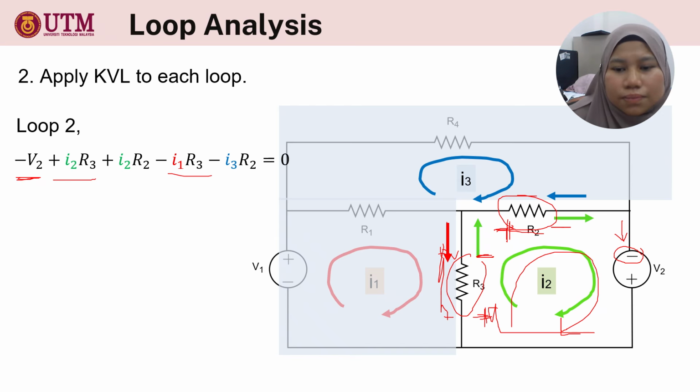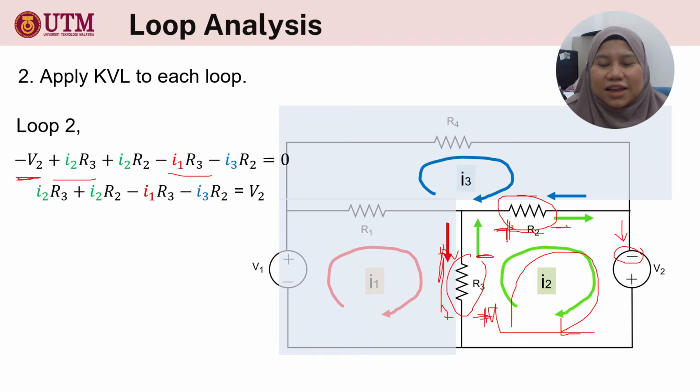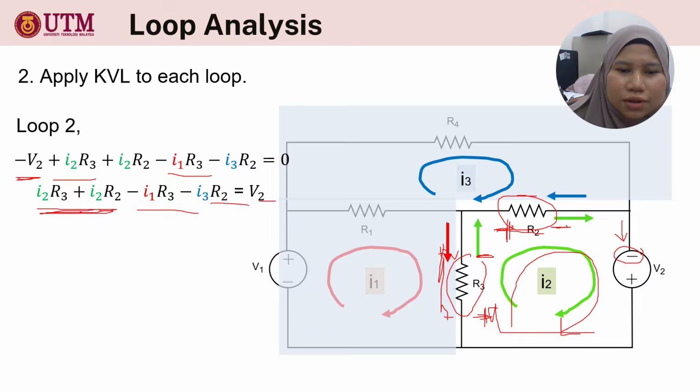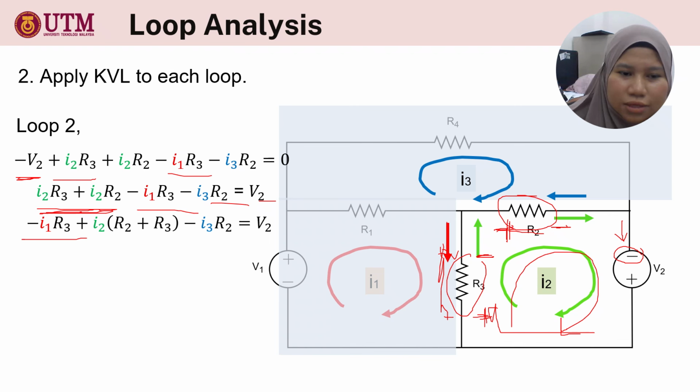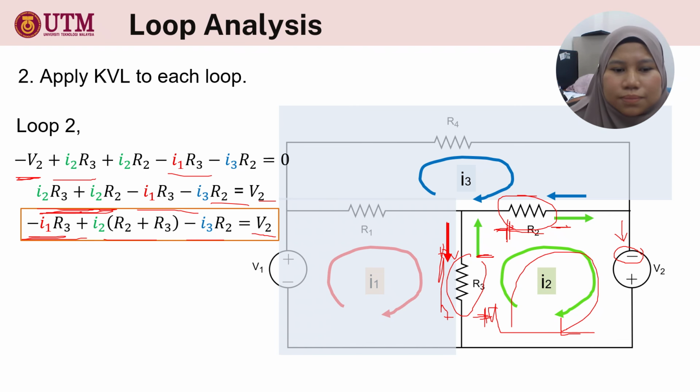This is also the same, negative I3 multiplied with R2. Then we rearrange everything, collecting the same terms first. Because this is number 1, we must put I1 first, then I2 and R3. Then this is the fourth term. This is the second equation.